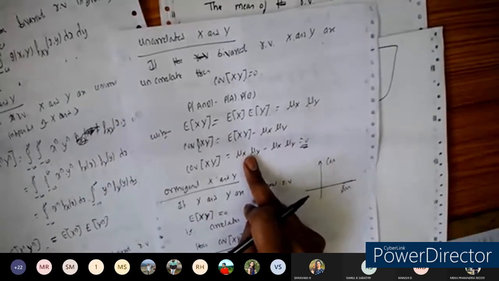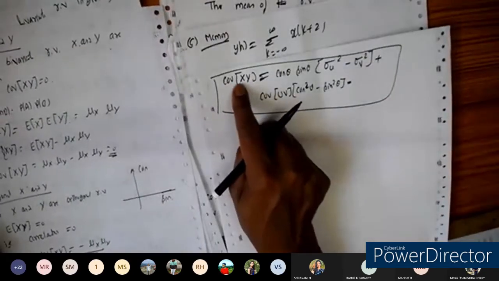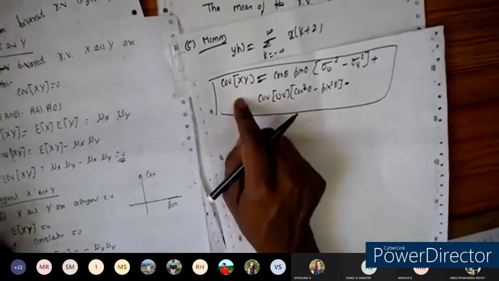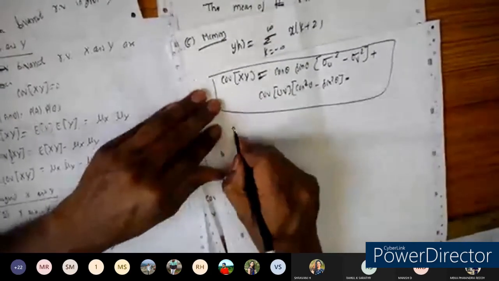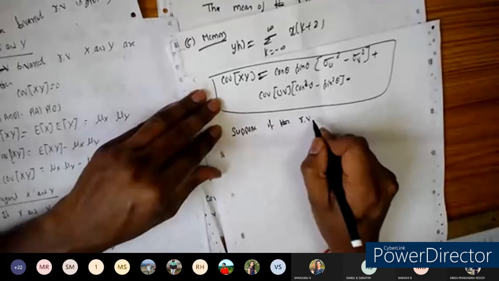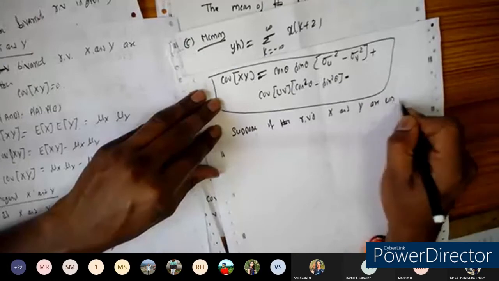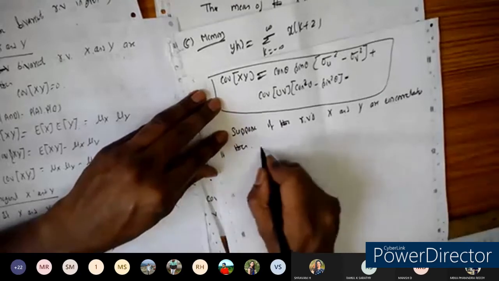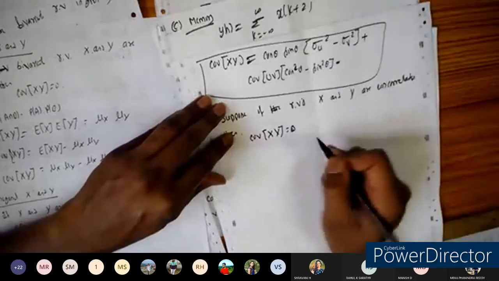Now what shall we do? We are going to equate that. Suppose the random variables x and y are uncorrelated, then the covariance of x and y is equal to 0.